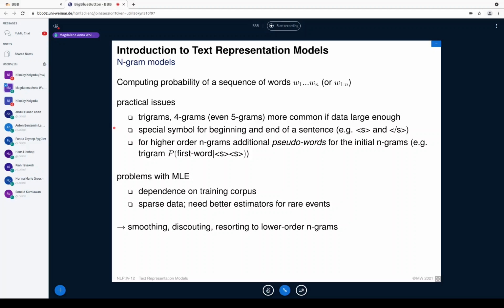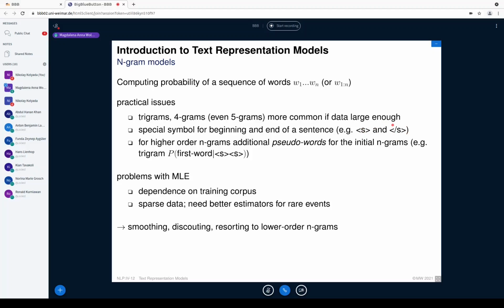For that purpose, we typically introduce dummy tokens or pseudo words. Sometimes they are used to represent the start of a sequence, so that this S here will be a start of a sequence, and the first word in a sentence will then be represented as the word we are predicting given this start token.